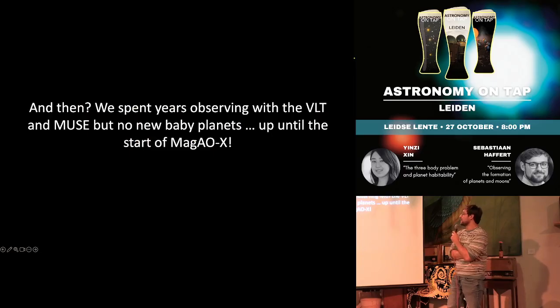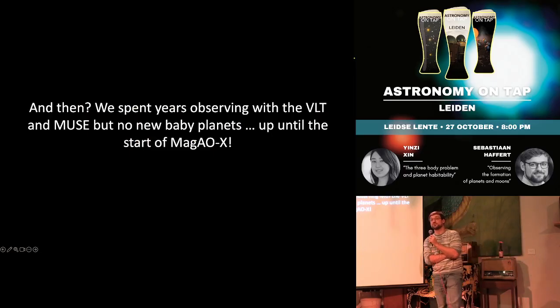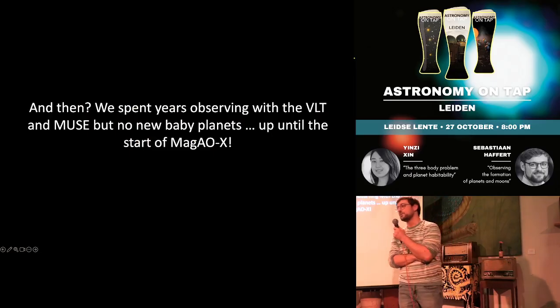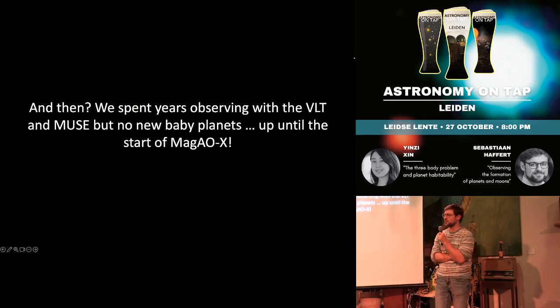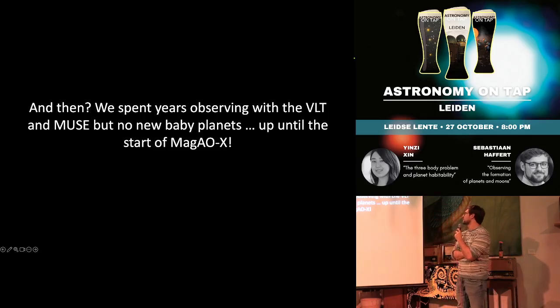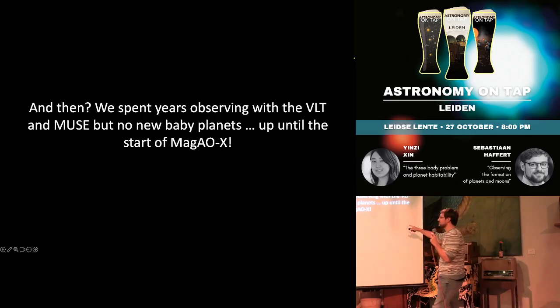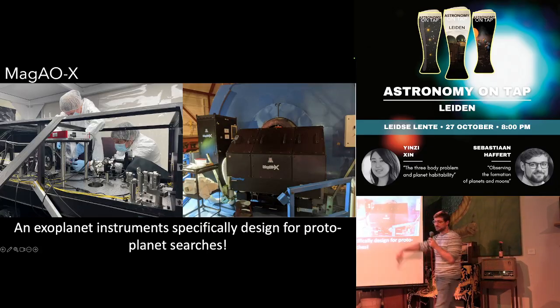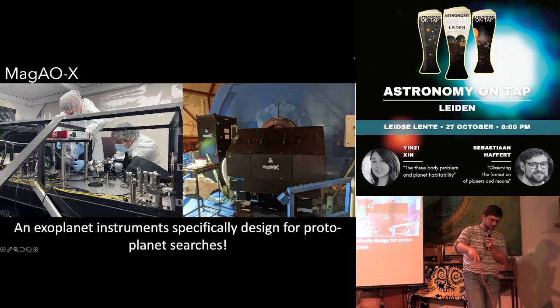And then we spent years observing with the VLT, searching for more, and we did not find any. We actually observed almost 100 systems. We didn't find any new ones, up until we started with the MagAO-X instrument. Here you can see me on the left doing very, very important work.